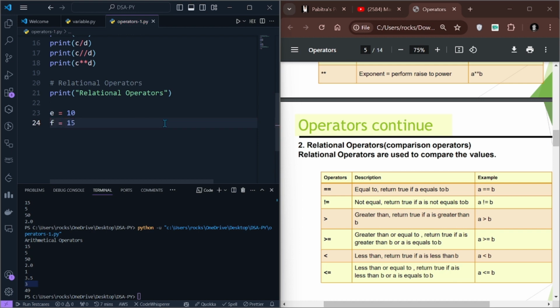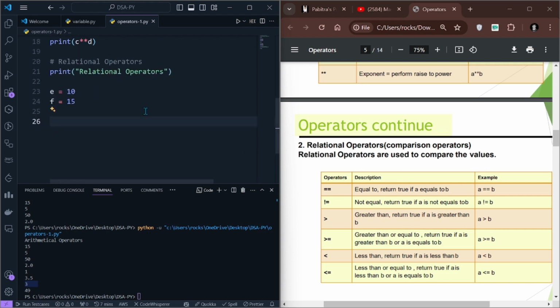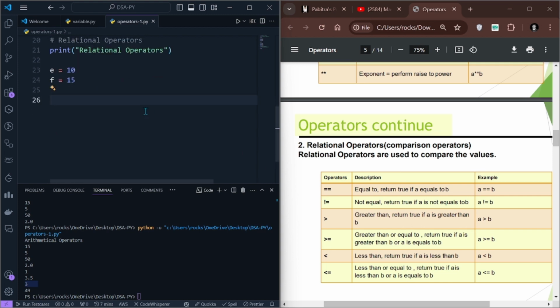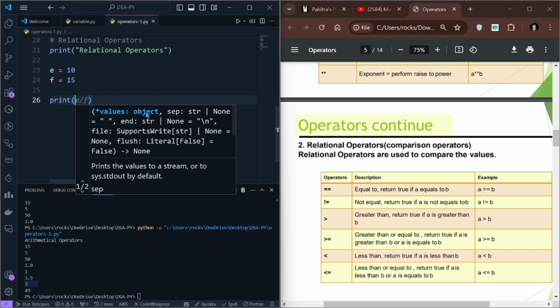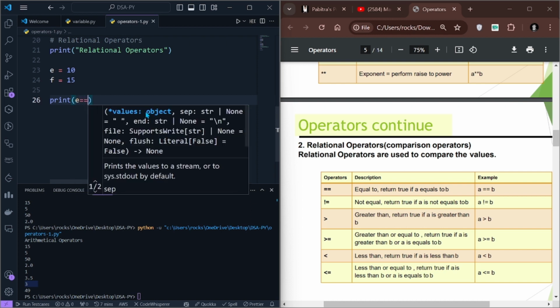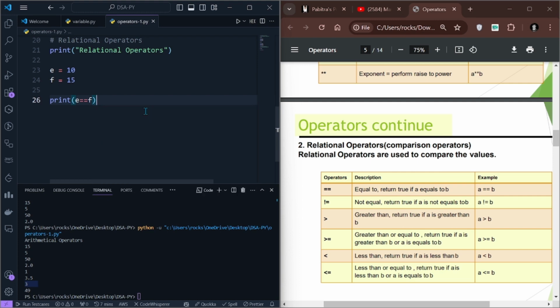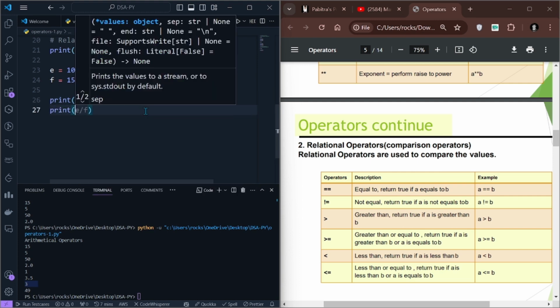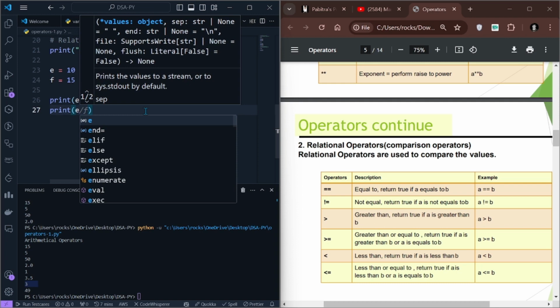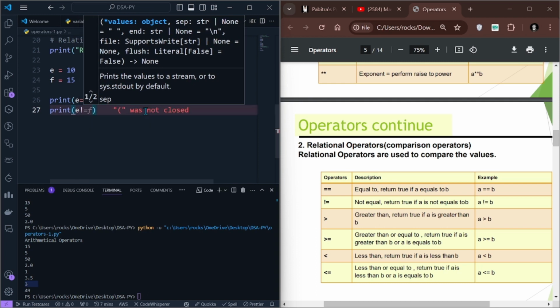Now we will try to use these 6 relational operators, so we are going to print all of them. We are going to print if e equals f, then we are going to print if e is not equal to f.